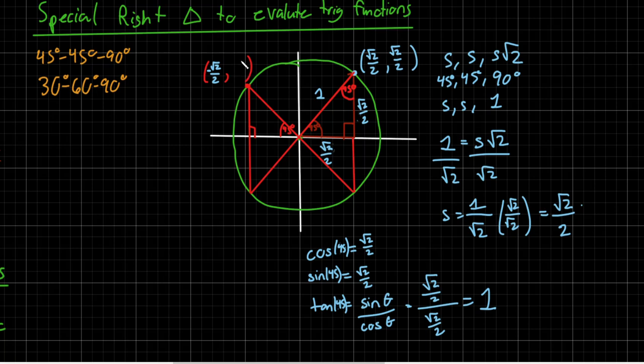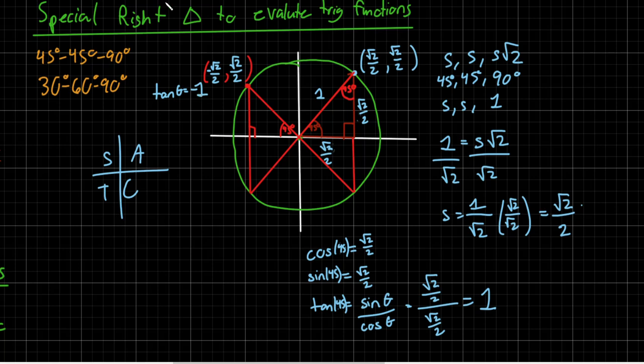Y. Okay, so is it positive or negative in quadrant 2? Yeah, because A, S, T, C. So sine is positive over here, square root of 2 divided by 2. Then what is tangent of theta in this case? Negative 1. Yep. Great.